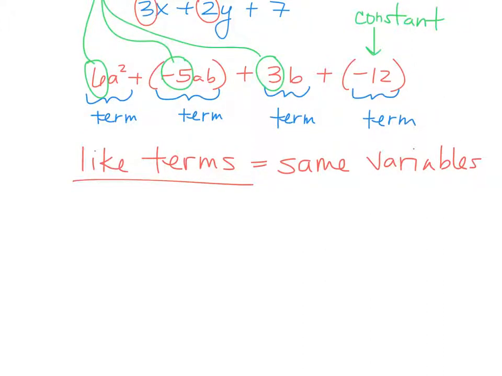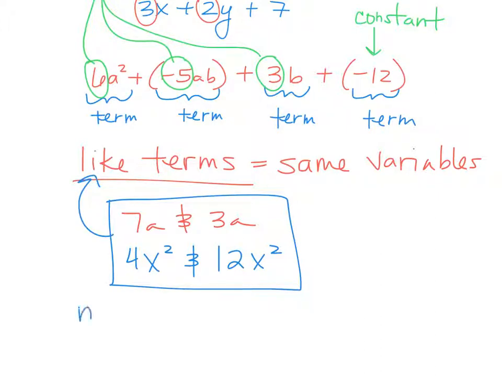So if they have the same variables, we would say 7a and 3a are like terms, right? They both have a as their variable, okay? Or I could say 4x squared and 12x squared are like terms because they both have an x squared, okay? So these are like terms.